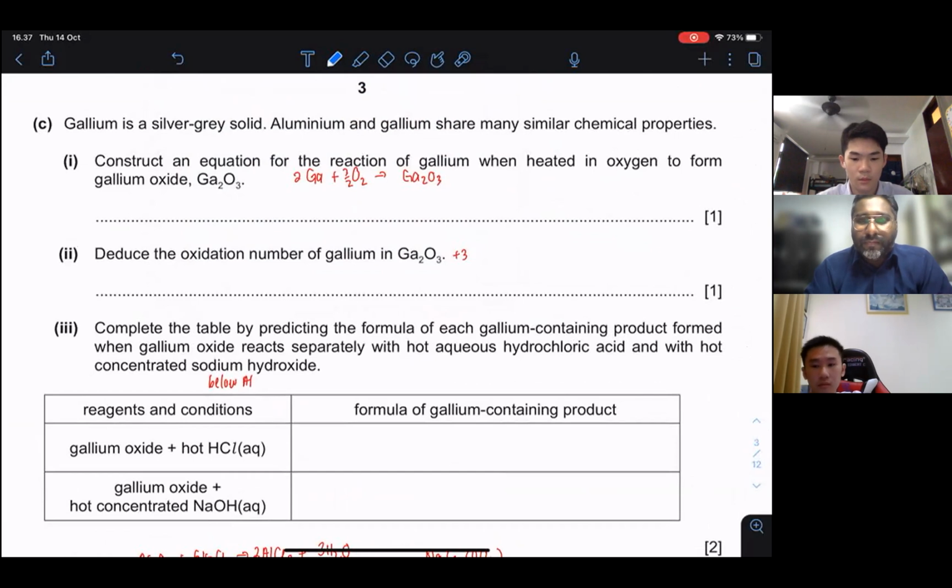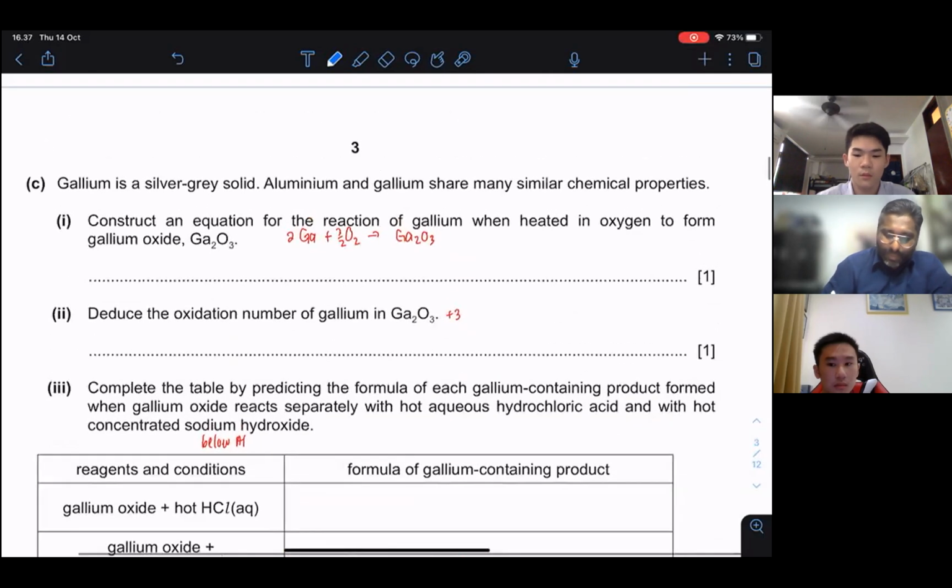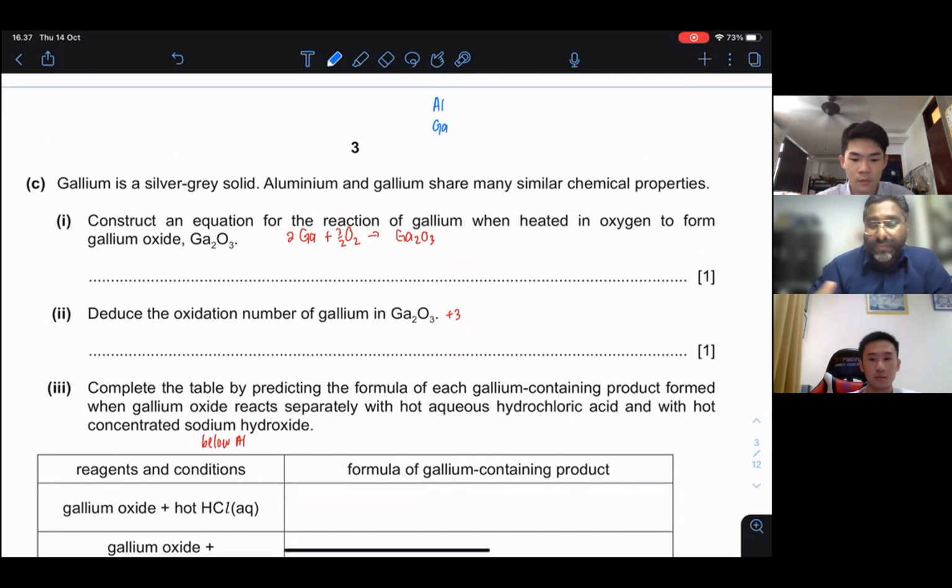If they say similar chemical properties, most likely they are in the same group. If you look in your data booklet, you will find that aluminium is at the top, gallium is at the bottom, so it's still in the same group.